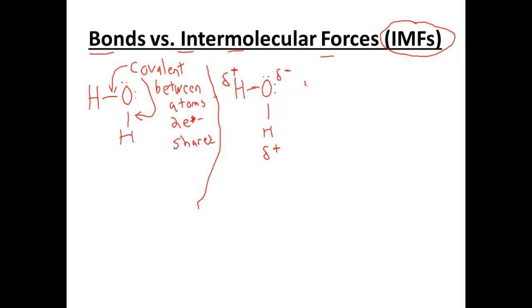If we were to find another water, it would maybe line up here, where we would have lone electrons and a partial negative to this side, partial positive to this side, and the intermolecular forces between them, we're just going to show some dotted lines here. There would be an attraction force between that positive and that negative, and that positive and that negative.